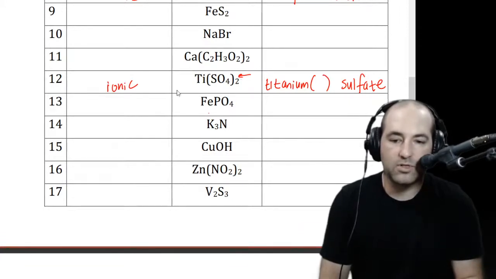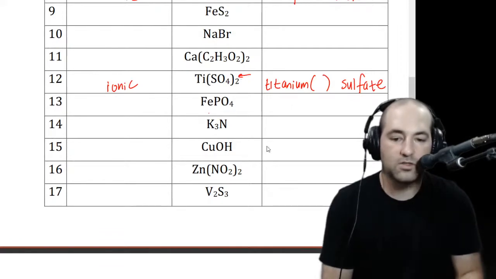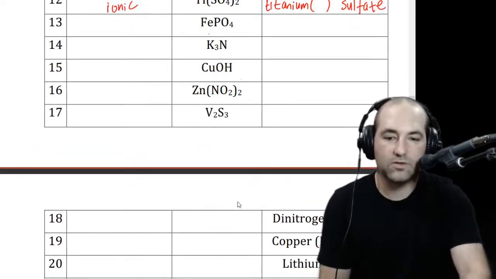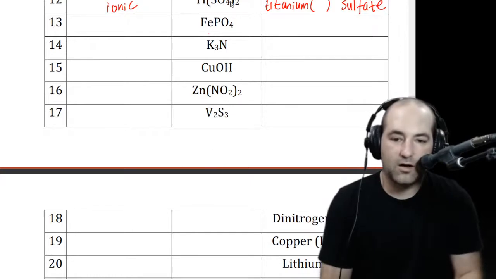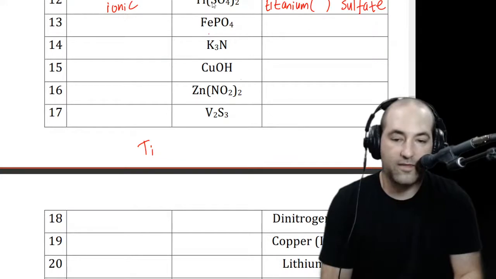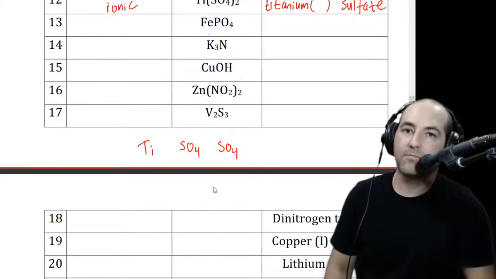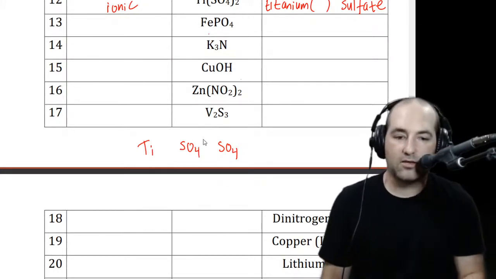And then it's also important to know the charge because that's how we figure out the charge on the metal. So to know what goes in this parentheses, we need a little space for that. We'll take our formula and write it out. And sometimes it can be helpful to actually write out like the entire formula, like how many of each piece are there. So I've got 1 Ti and I've got 2 SO4s. And then I know from my table, from my chart of polyatomic ions, that sulfate always has to be -2.